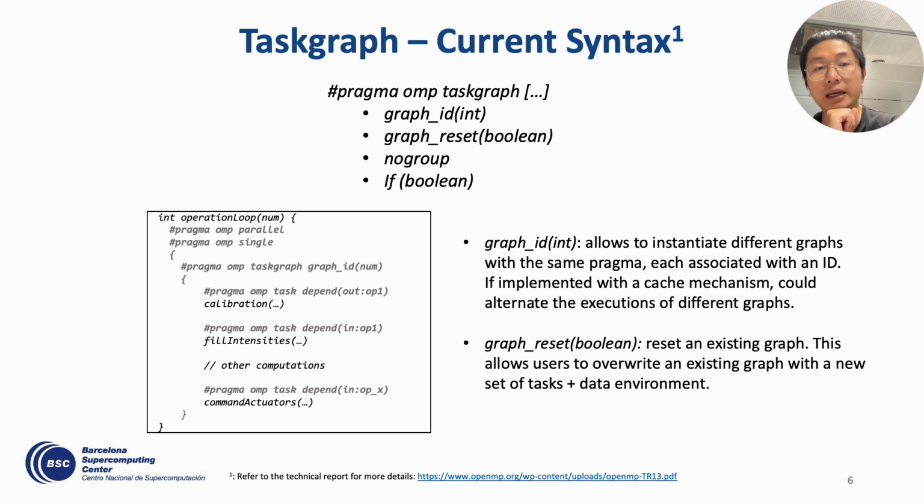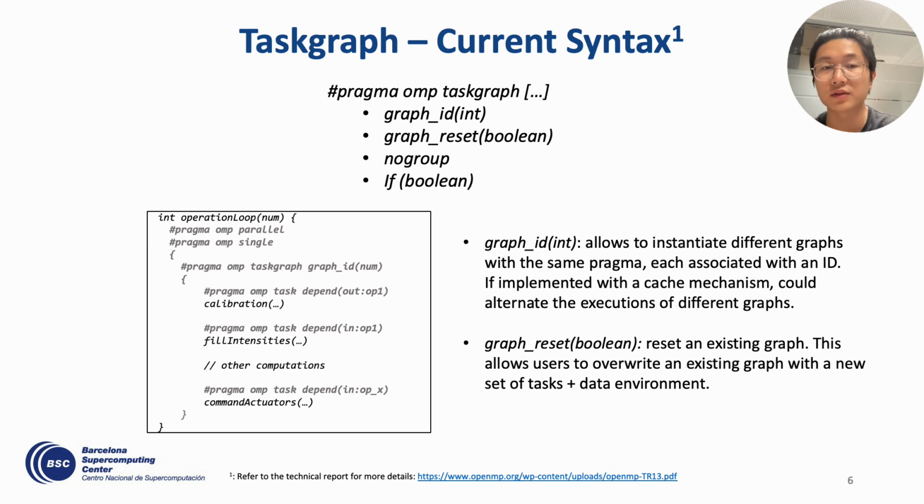Let's look at the example on the left-hand side. If the operation loop is called multiple times with different num, then since we are using num as the argument for graph_id, we will create multiple graphs based on the single Taskgraph directive.